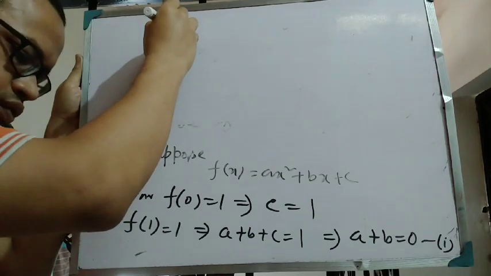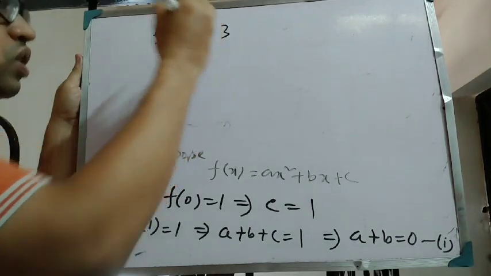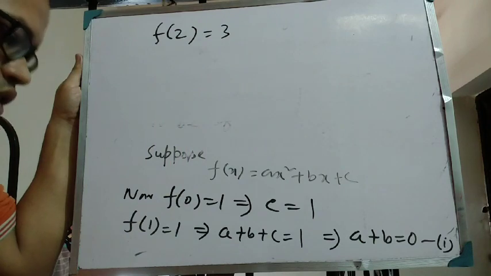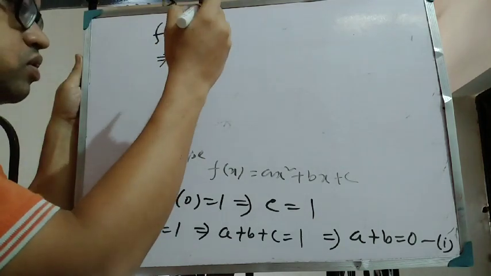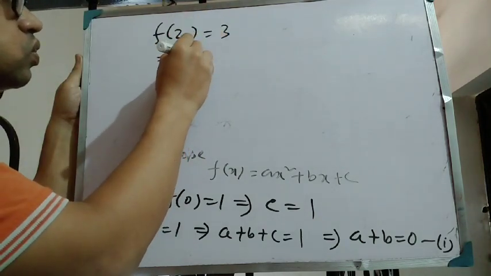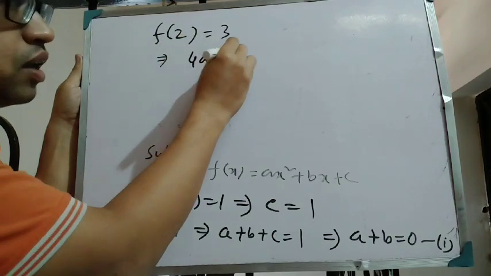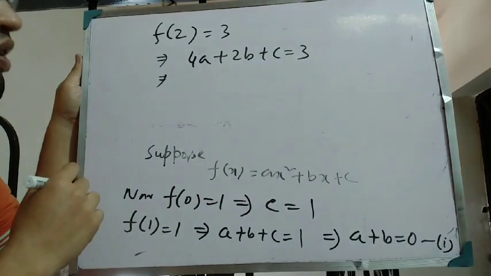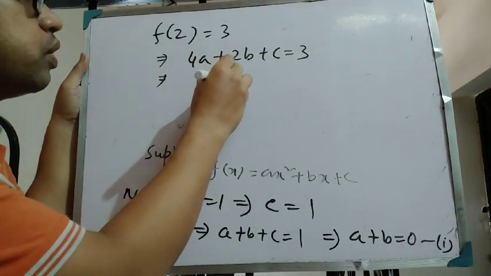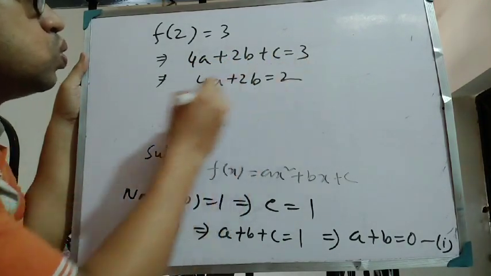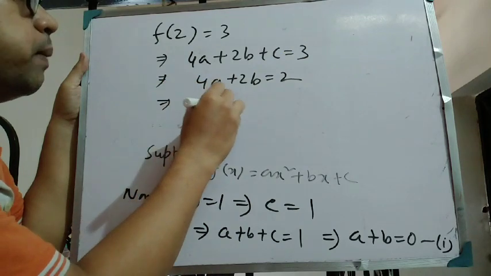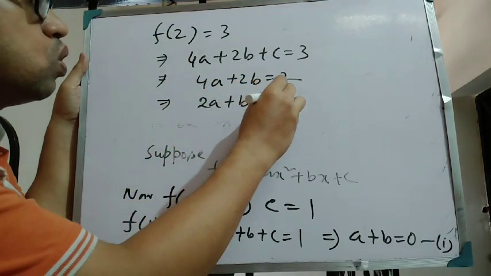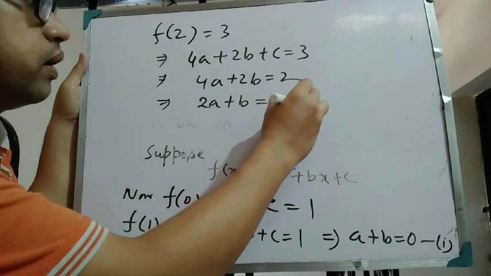And f(2) equals 3 implies 4a plus 2b plus c equals 3. Since c is equal to 1, 4a plus 2b equals 2, or 2a plus b equals 1.